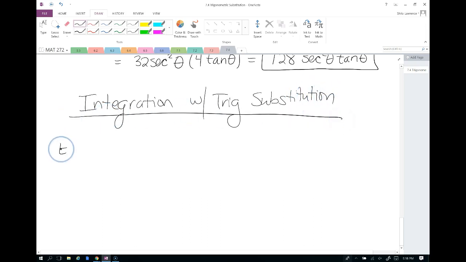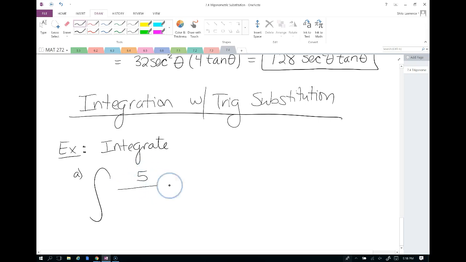So if we were asked to integrate, let's just say, 5 over the square root of 16 minus x squared dx.